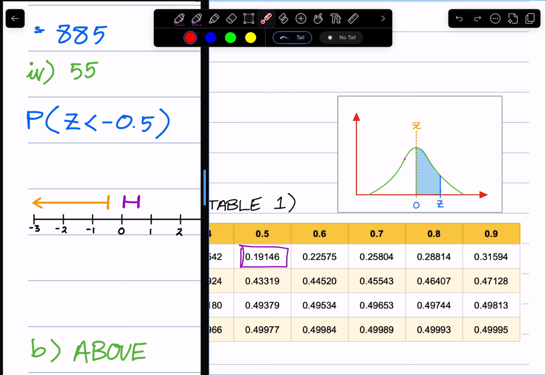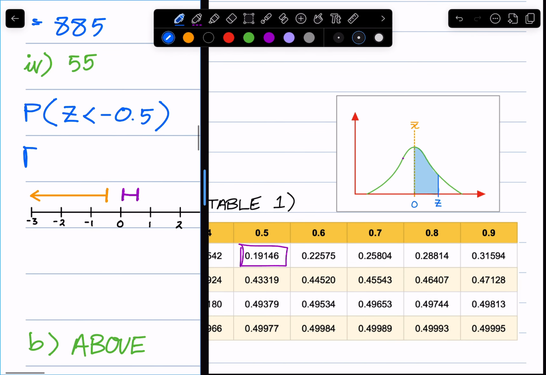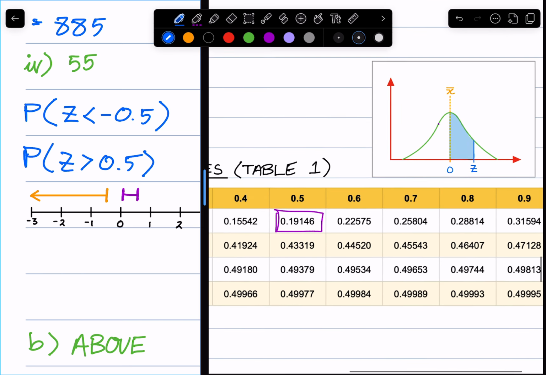But remember, from this point to the left is equivalent to the same positive value to the right. So if we find the probability of z above positive 0.5, this will give us the same as the orange that we're looking for.